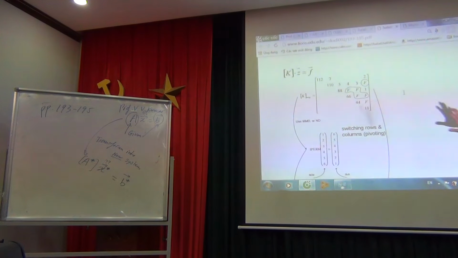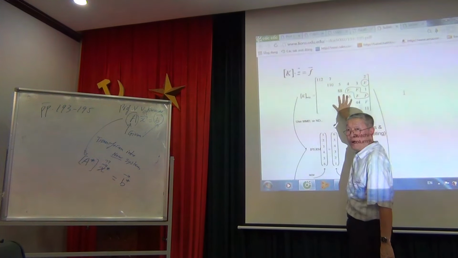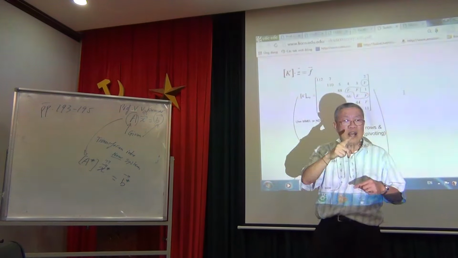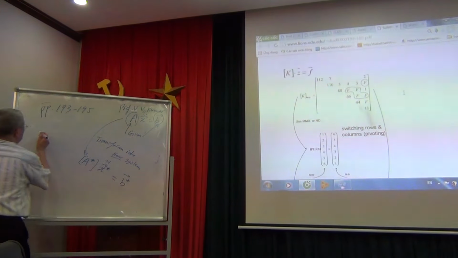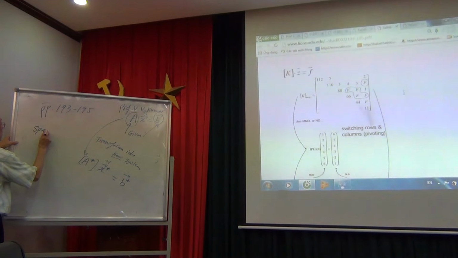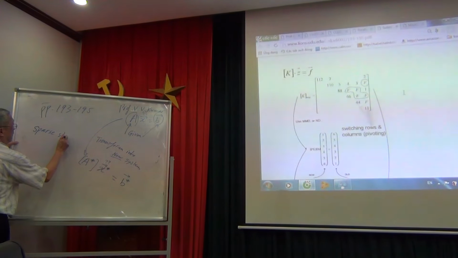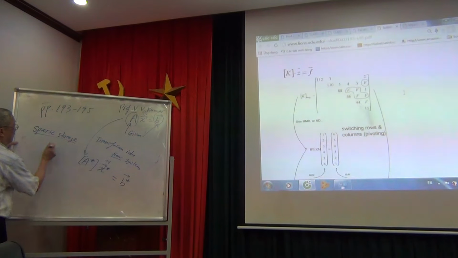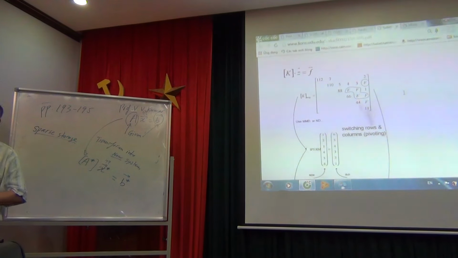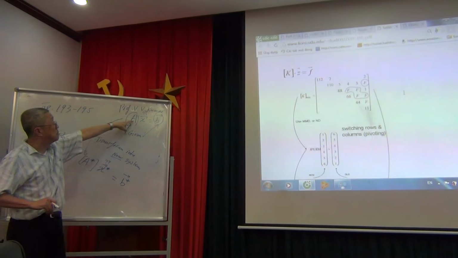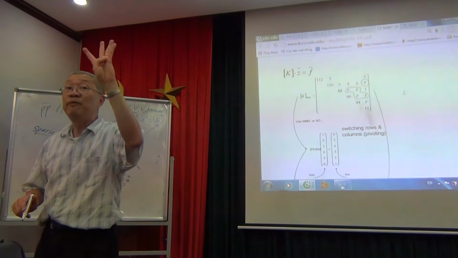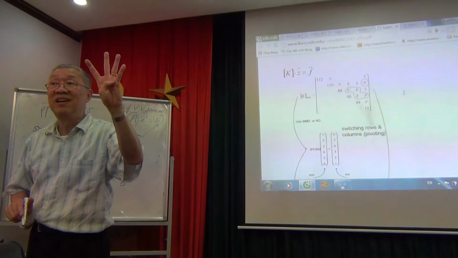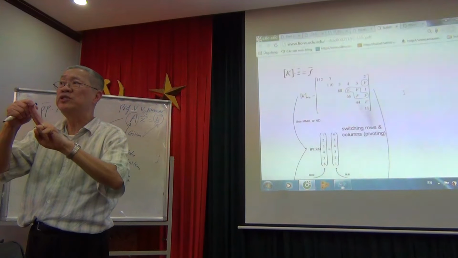Okay? But before we look at this page, let me try to remind you about the sparse storage scheme. Remember last time we discussed the sparse storage scheme? In order for you to store this matrix in the sparse format, remember we need 4 arrays. 2 integer arrays to tell you what?